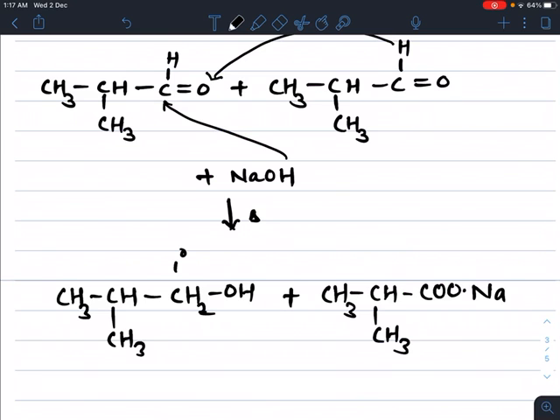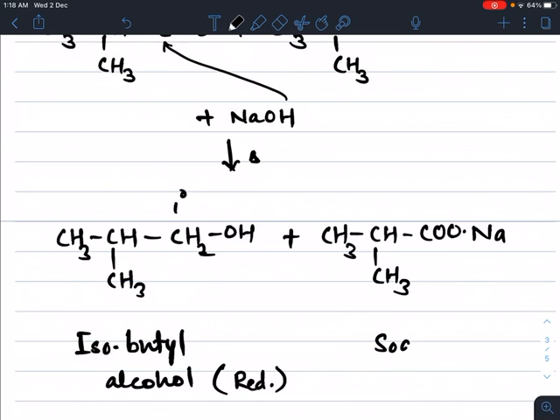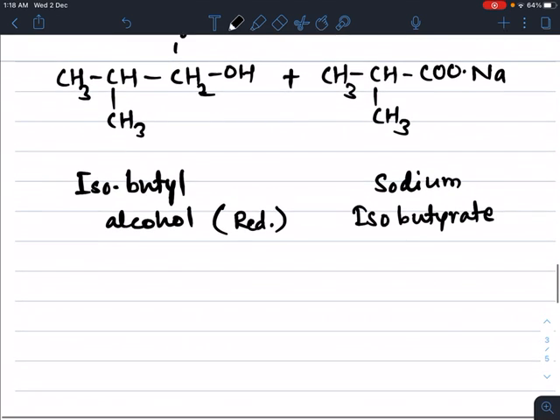One is the reduced product, isobutyl alcohol, and the other is sodium isobutyrate, the oxidized product.